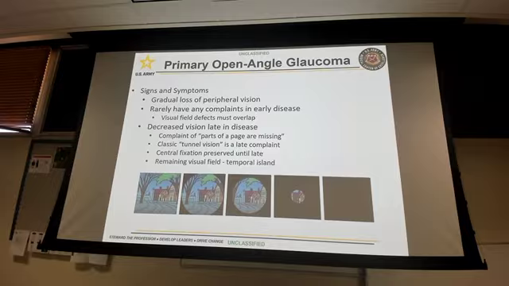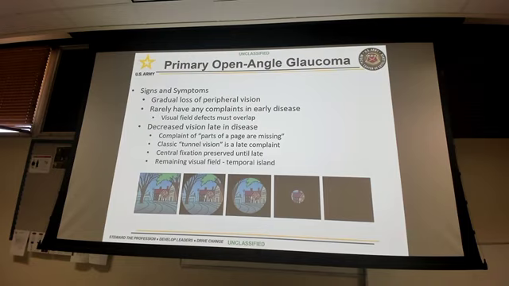So for POAG, primary open angle glaucoma, the field loss, and that tends to start off with your peripheral vision, is gradual. So they're not going to just wake up one morning and then everything is gone. Right? Rarely are patients experiencing symptoms early on in the disease.